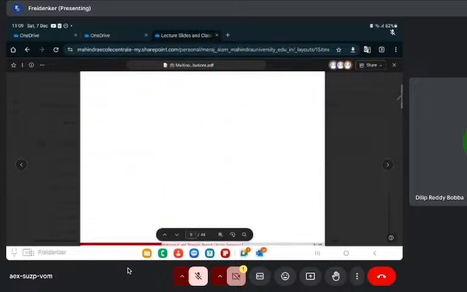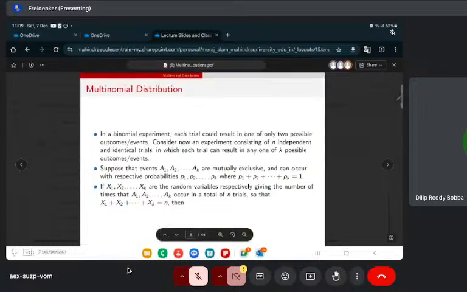We have to look at some things though. The events must be mutually exclusive, in the sense that if one event is happening, the other event can't happen. If you're tossing a coin, you can't have heads and tails happening at the same time.